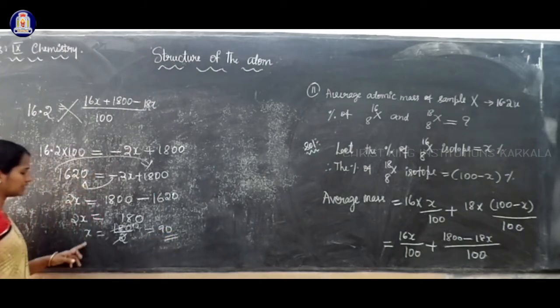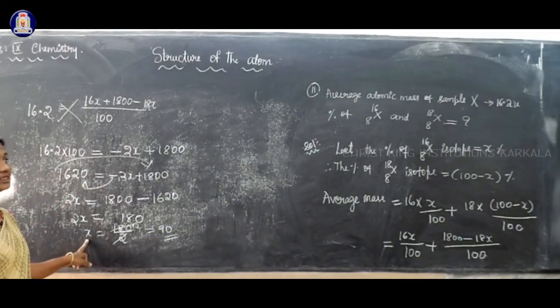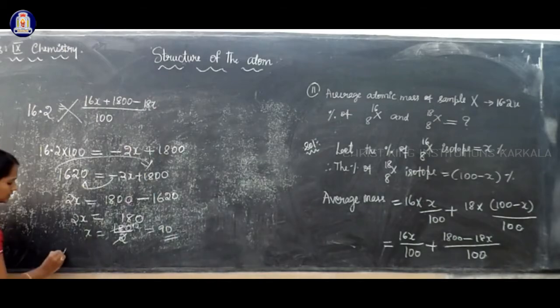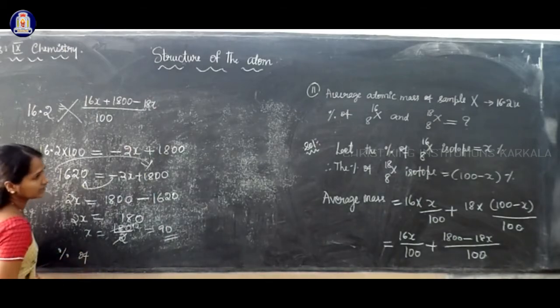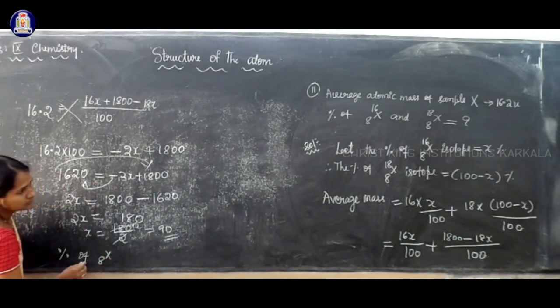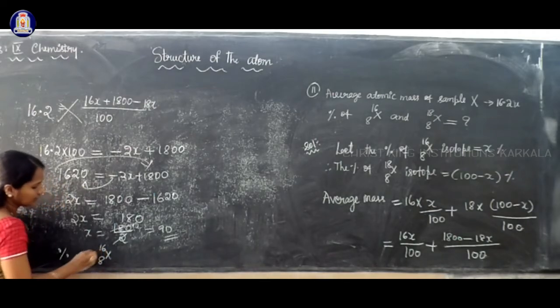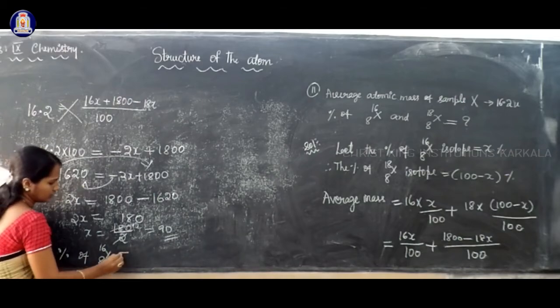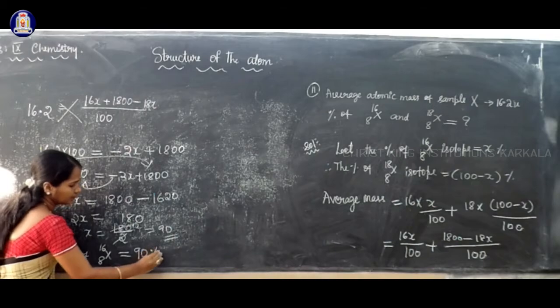But what is x here? We have taken x as the percentage of O-16. We got it as 90%.